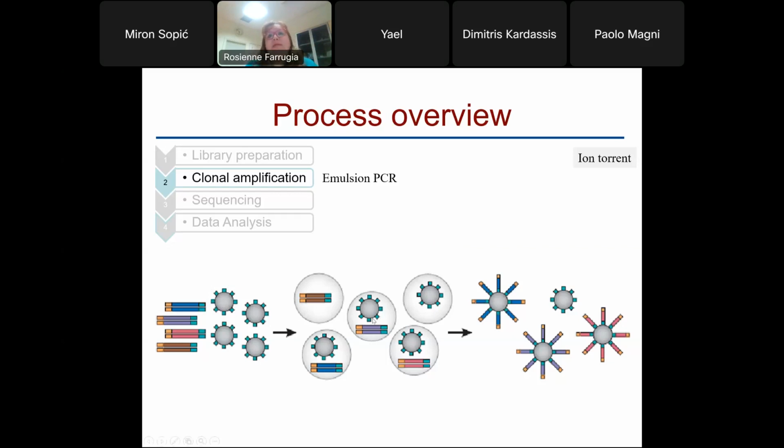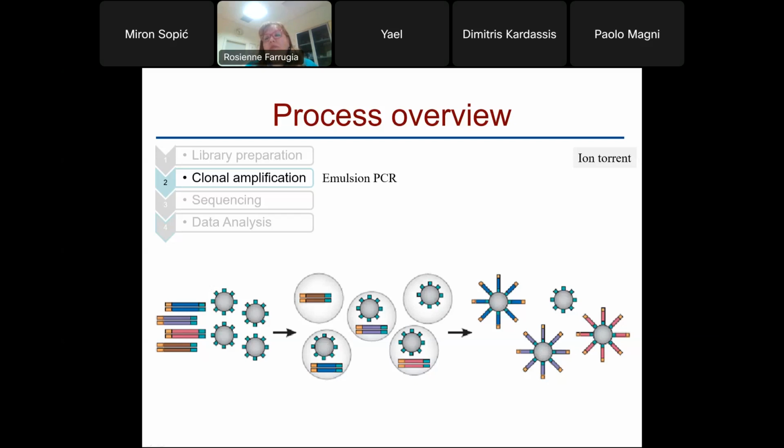So if we have a micelle with a bead and the purple fragment, the end result is a bead covered in multiple exact copies of that purple fragment. If we have a micelle in which a bead and the blue fragment are trapped, we will end up with a bead coated in essentially a forest of that blue fragment. And we need this step to increase signal strength.